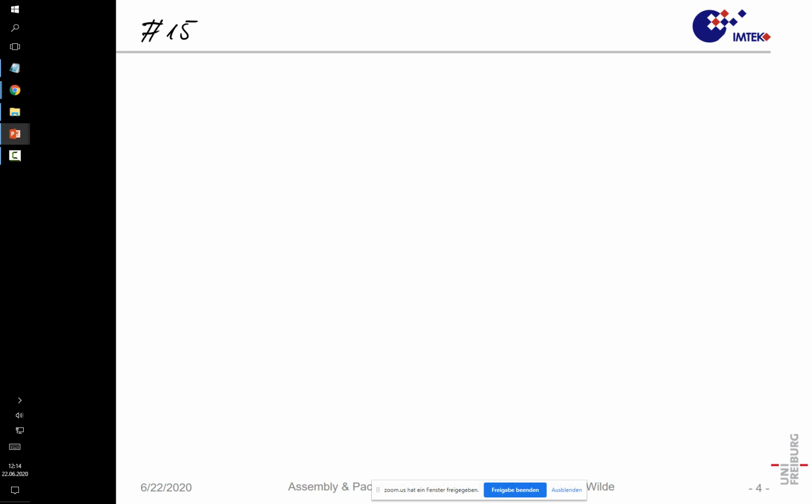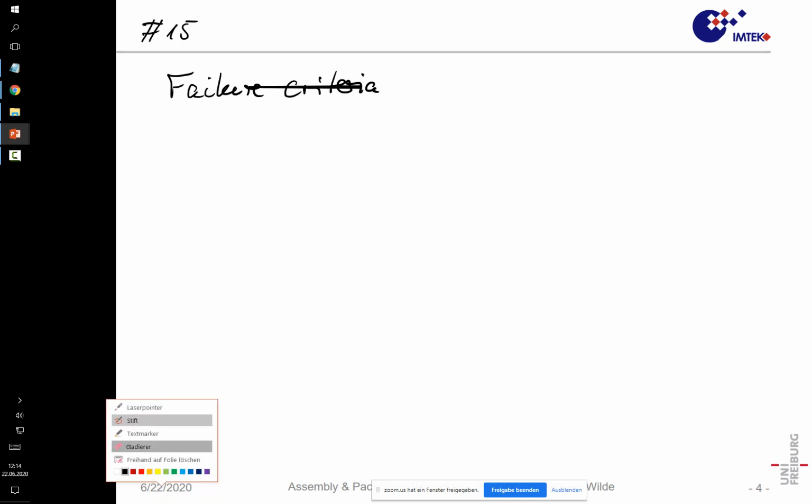What is a failure criterion in popcorning? So that means, how do you decide you have a failure? Can you give me a guess? If the shell gets broken.